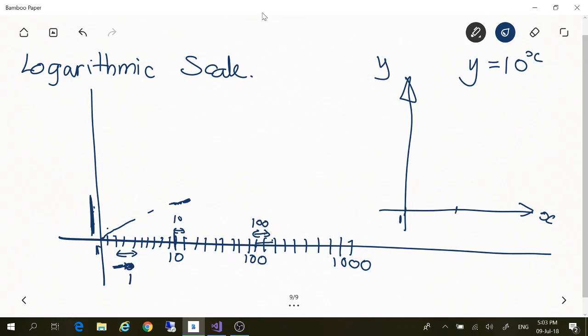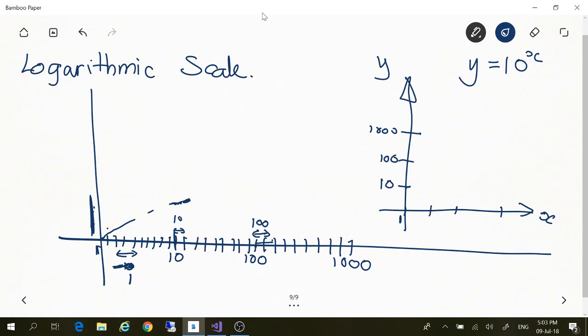And then here is 10. And here is 100. I'm sorry, my fault. Okay, I'm supposed to do the reverse here. This is 10. This is 100. This is 1000.